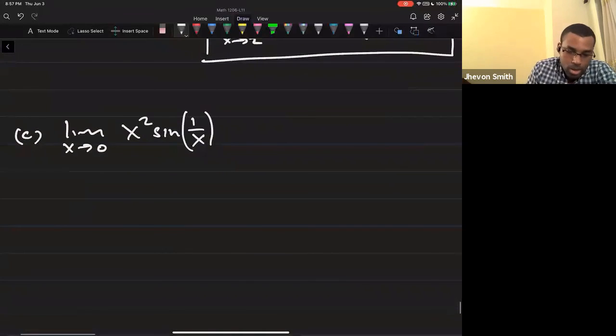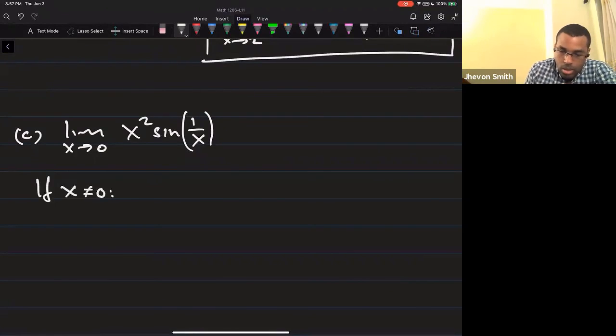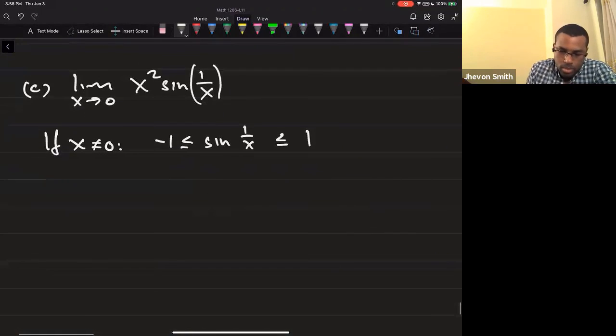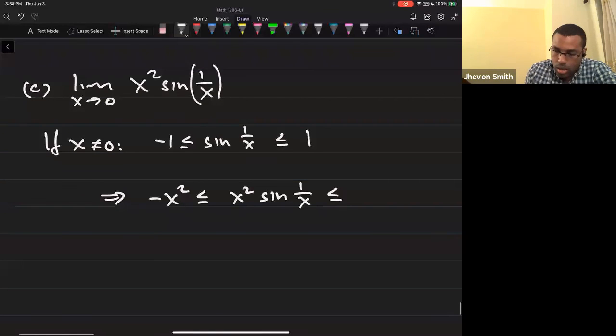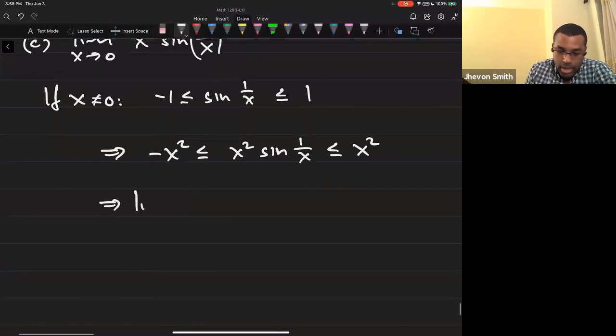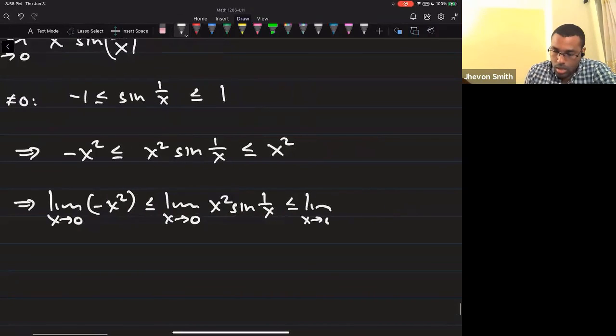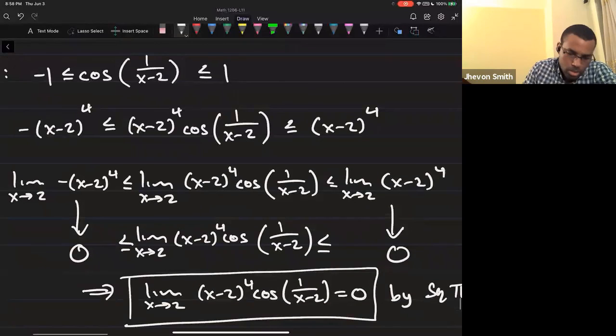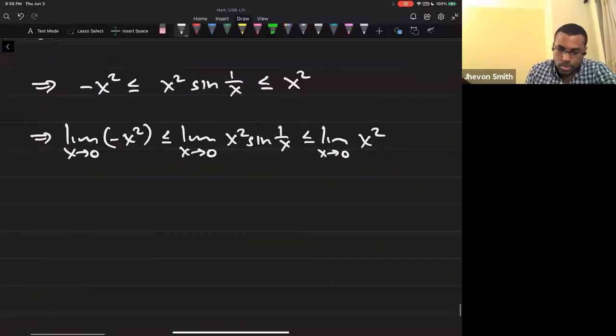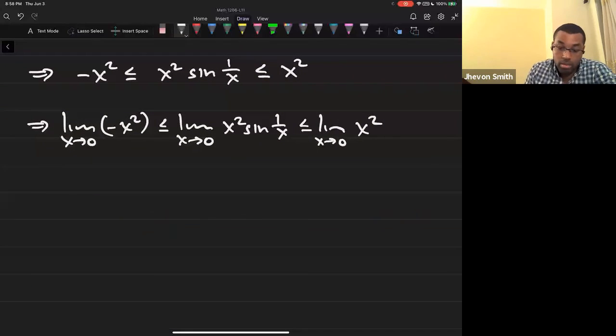However, we know that if x is not 0, the output of this function is going to be between -1 and 1, which means I can multiply by x squared on all sides, and then hit it with a limit, and the inequality stays the same way on all sides. And yeah, that obviously goes to 0.